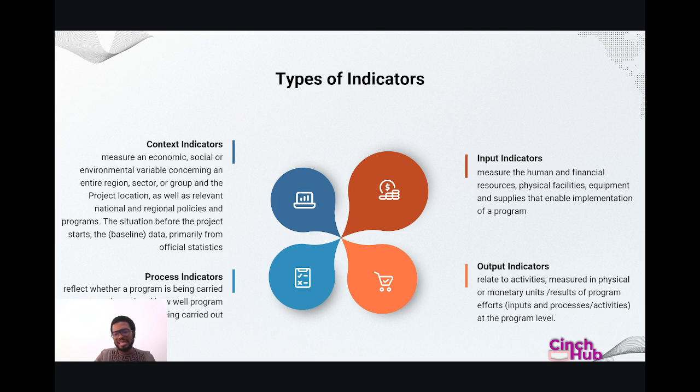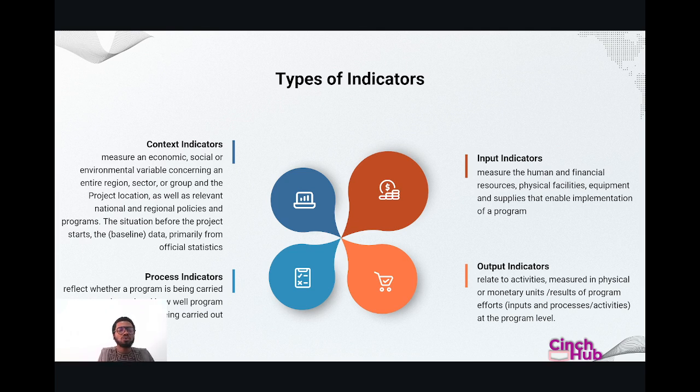I need 20 health facilities and I've been able to get 18. The indicator helps you measure that you've gotten 18 out of 20. So measuring those components that will enable you to implement your program is called an input indicator.